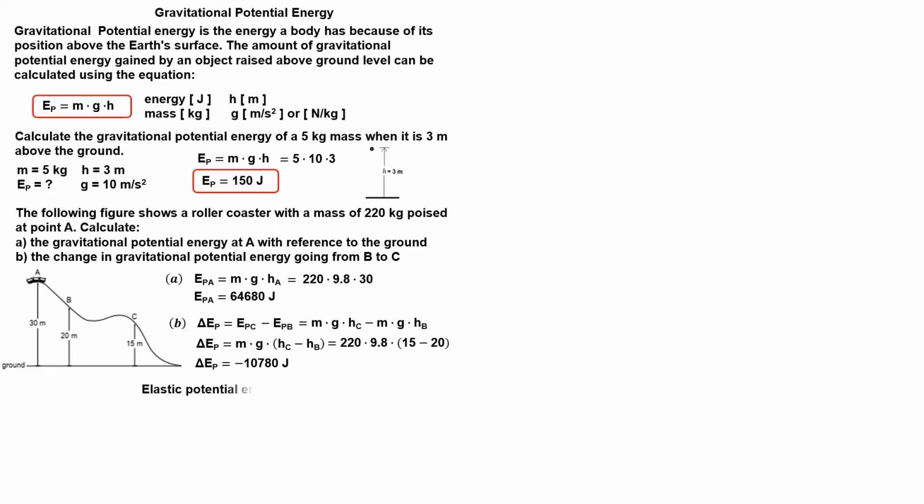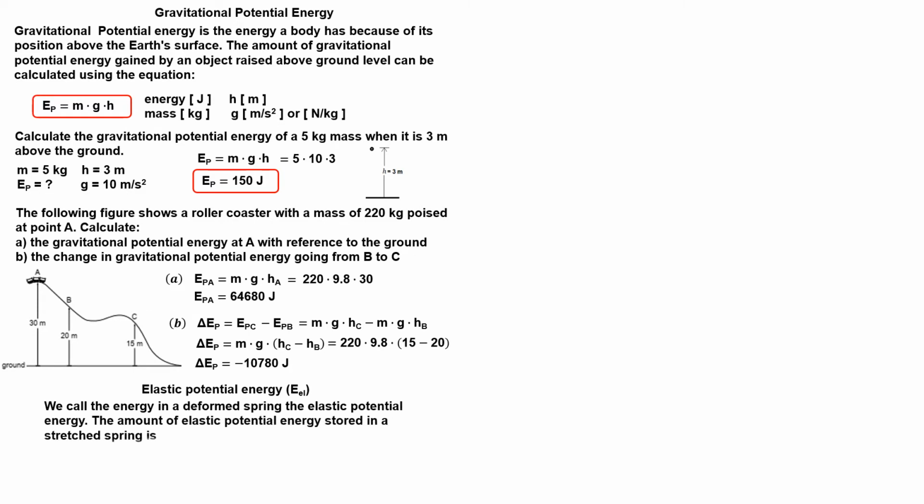Elastic potential energy. We call the energy in a deformed spring the elastic potential energy. The amount of elastic potential energy stored in the stretched spring is 1/2 times spring constant times displacement squared.